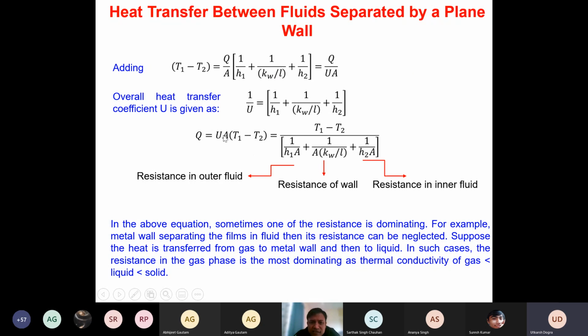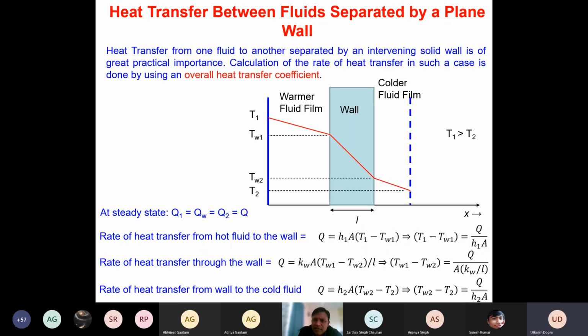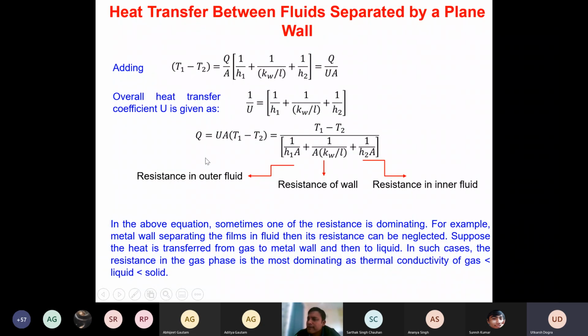The only difference is this U now includes the resistances of all three things. First is the convective resistance in the warmer fluid film, then the conductive resistance at the wall, and again the convective resistance at the colder fluid. All three resistances are included directly in this U, and that's why it is called the overall heat transfer coefficient. Okay.